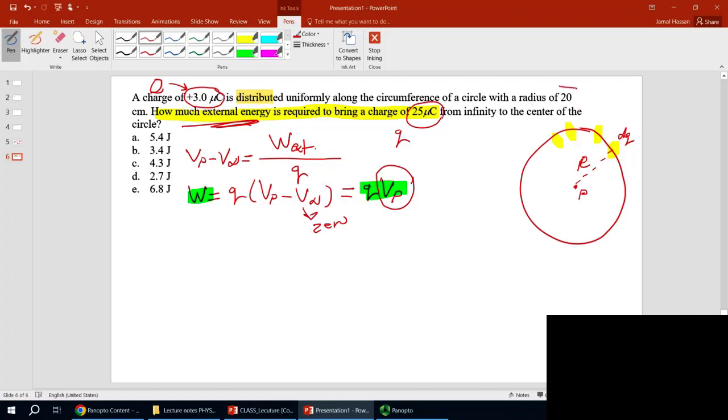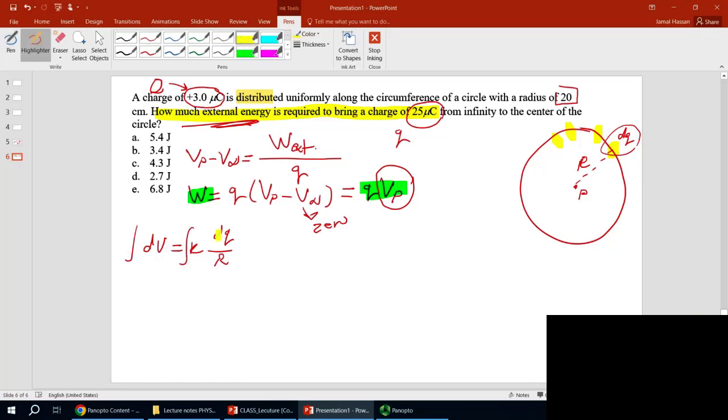R is given, sorry. So the potential at point P from that small charge is dV equal to K dq divided by r. But of course, we need to calculate the potential from all the other small pieces on the total ring, so we need to do integration.